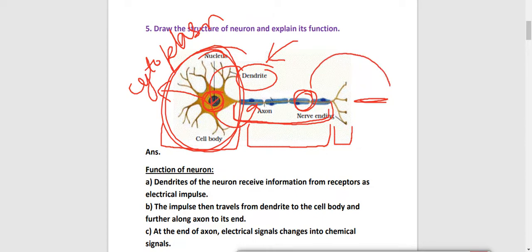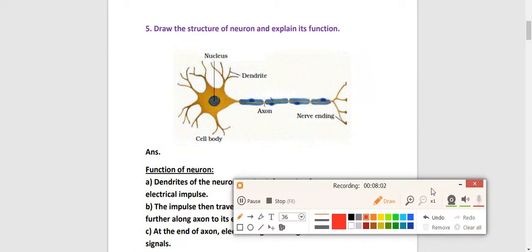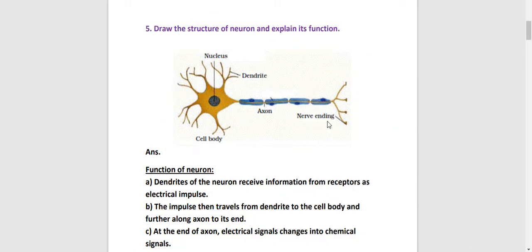Those chemical signals will cross the gap between two neurons, and again in the next dendrite, the electrical signals will be received by the neuron. So that is the structure of a neuron. At the end, you can see root-like structures that are known as nerve endings. So a neuron mostly has a cell body, dendrites, axon, and nerve ending.